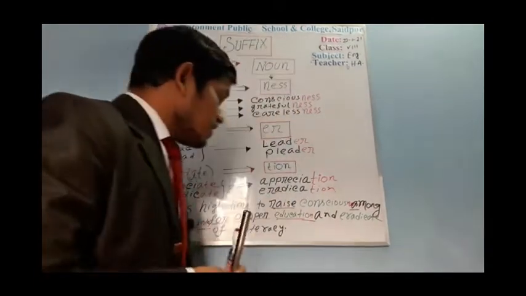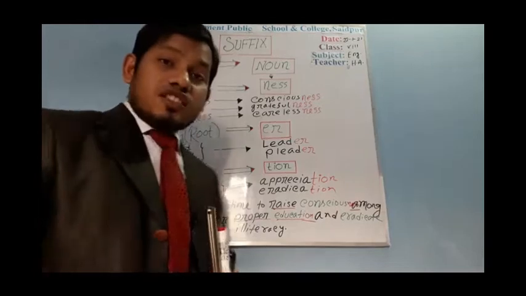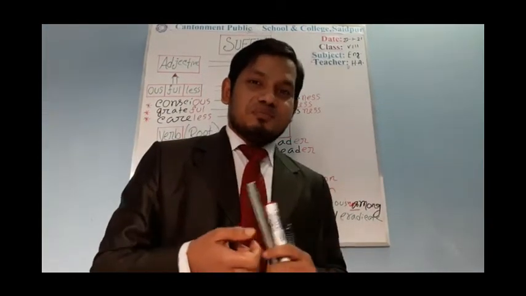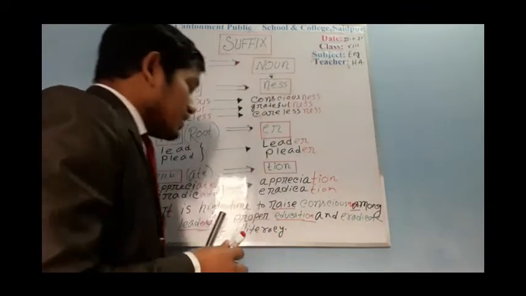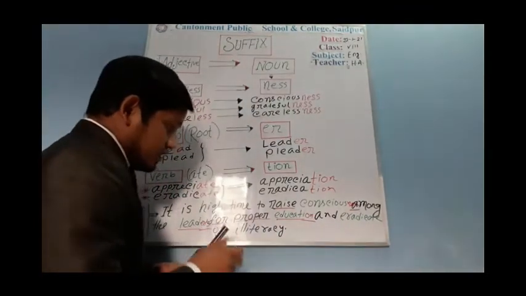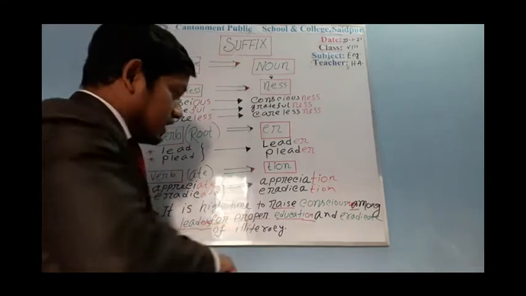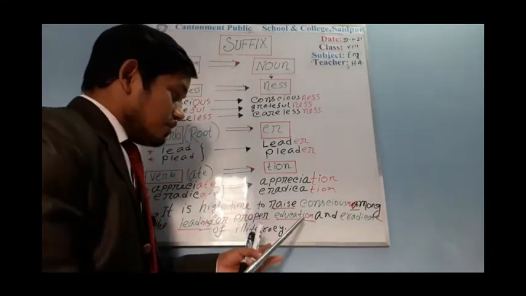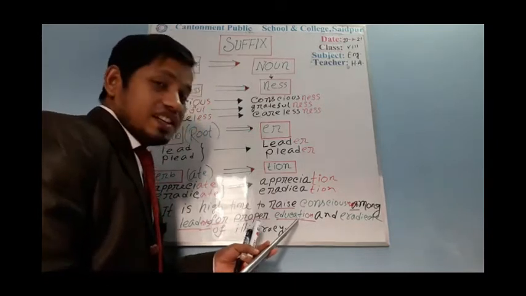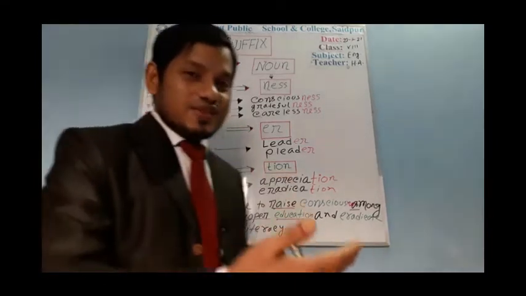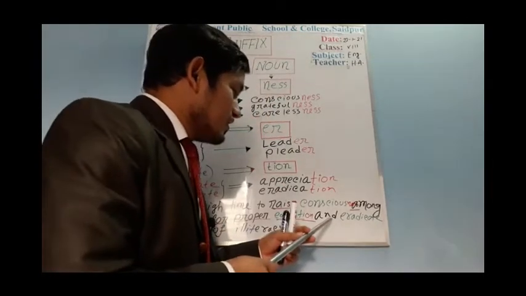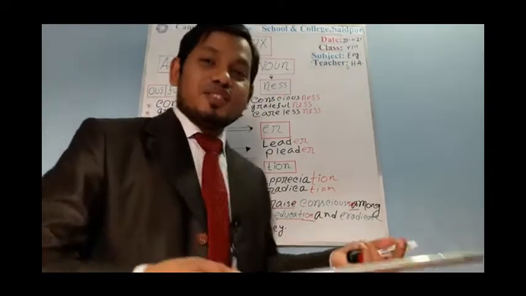Learners, we want to destroy something to get rid of its bad habit. Here you see "and" is a conjunction. Before it the word is a noun, so the word beside "and" should also be a noun.